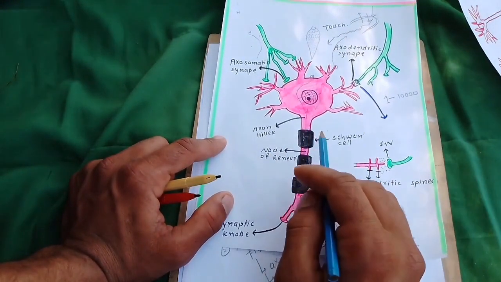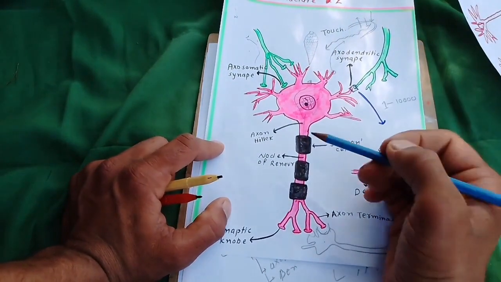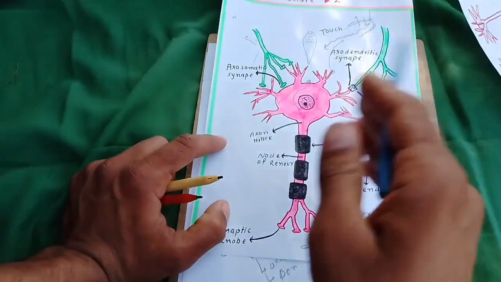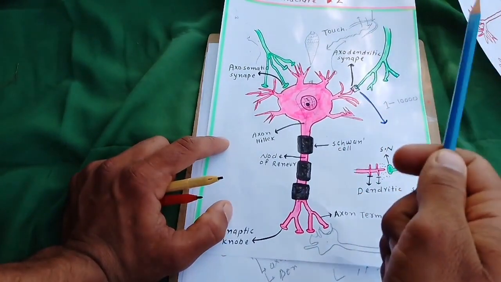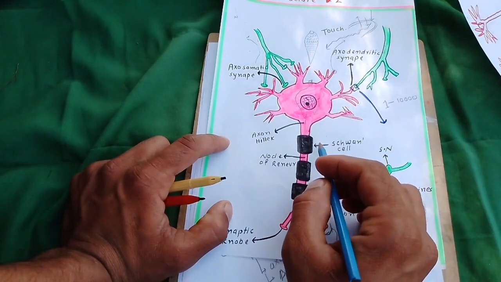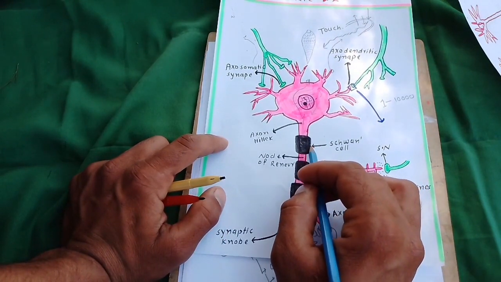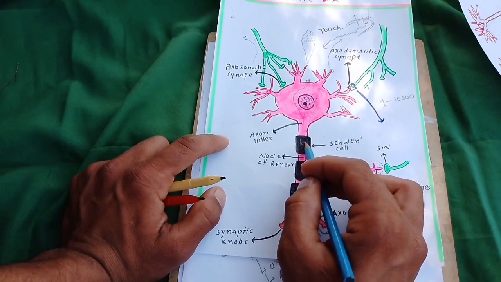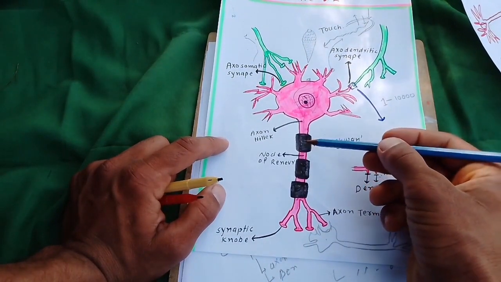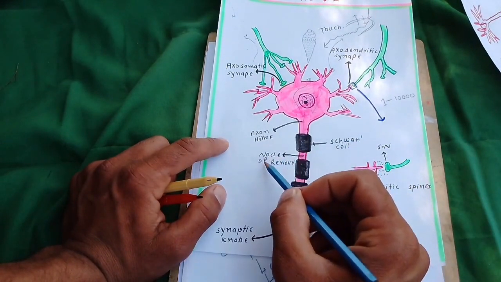I am not going into detail on the Schwann cell because I have already uploaded a next lecture on the Schwann cell and the myelin sheath. Schwann cells are protective cells which make many concentric layers around the axon. Some axons are covered by Schwann cells, and those neurons are called myelinated neurons, while those neurons which are not covered by Schwann cells are called non-myelinated neurons. The area between two Schwann cells, this is Schwann cell 1, this is Schwann cell 2, is called the node of Ranvier.